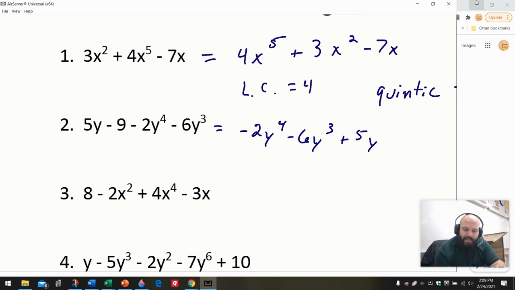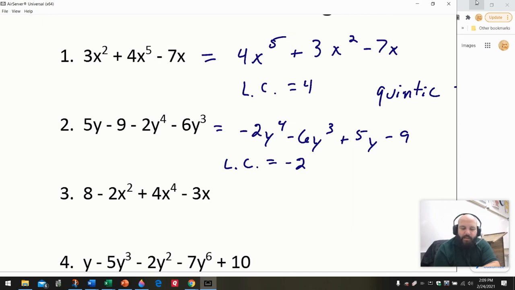And then lastly, we're going to have a minus 9, like that. So you can see the powers are going from the highest to the lowest. The next thing we need to do is to identify what the leading coefficient is, which is the first number. So it's negative 2.